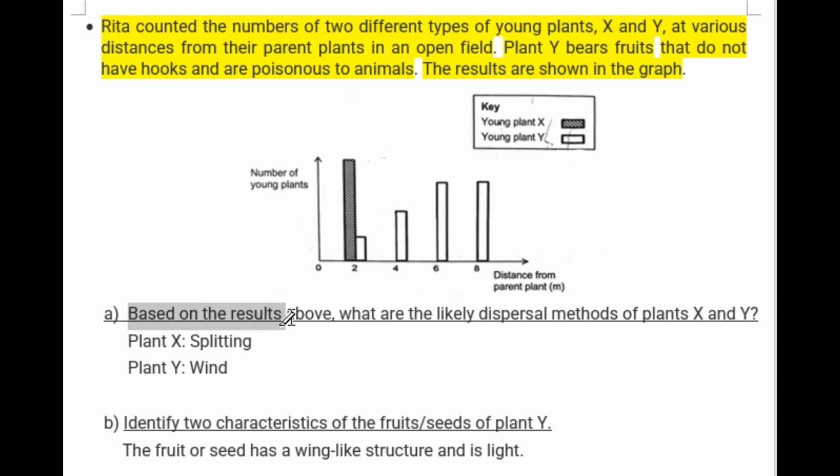A. Based on the results above, what are the likely dispersal methods of plants X and Y? Plant X, splitting. Plant Y, wind. B. Identify 2 characteristics of the fruits or seeds of plant Y. The fruit or seed has a wing-like structure and is light.